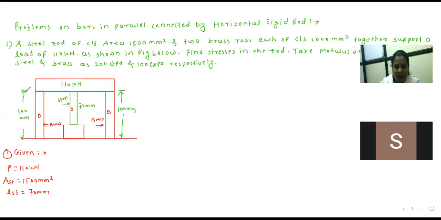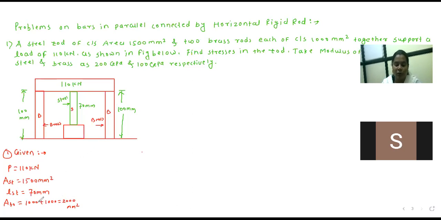Observe here, the length of this brass rod is the same. So we will add the area of these two rods together. So area of brass is equal to 1000 plus 1000, which is equal to 2000 mm square. बघा एका रॉडचा एरिया 1000 दिलेला आहे, तर आपल्याकडे ब्रासचे किती रॉड आहेत? 2 आहेत.